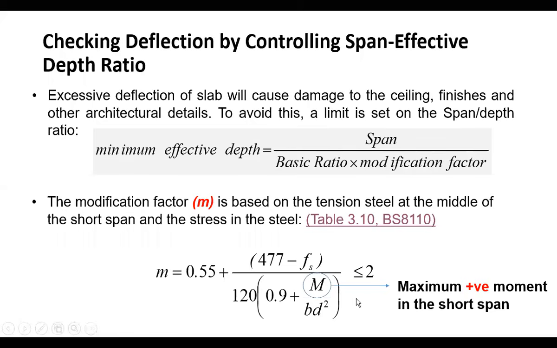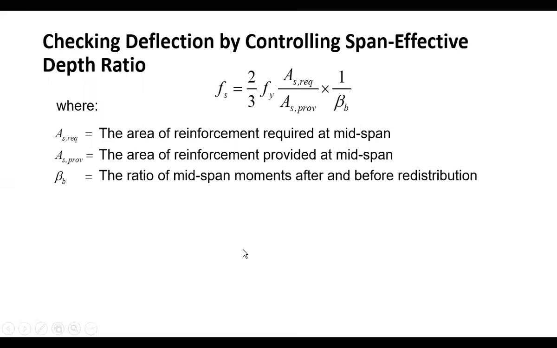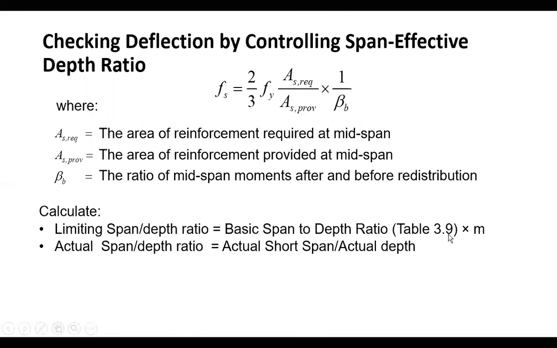So you multiply this M by the basic ratio that you used at the beginning, M multiplied by 20 or M multiplied by 26. Then we calculate the actual span to depth ratio, which is the short span divided by the actual depth.